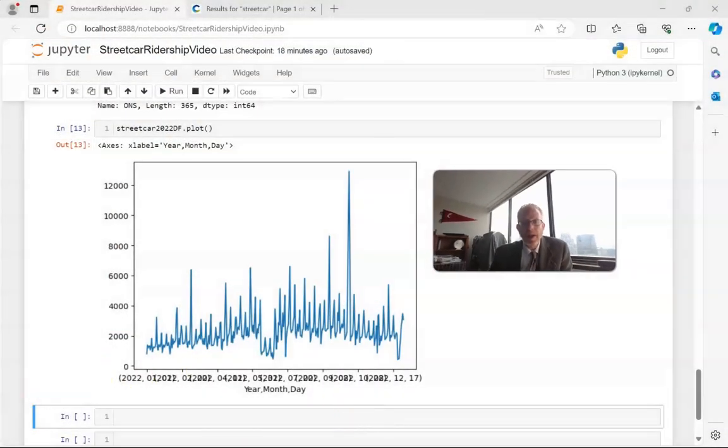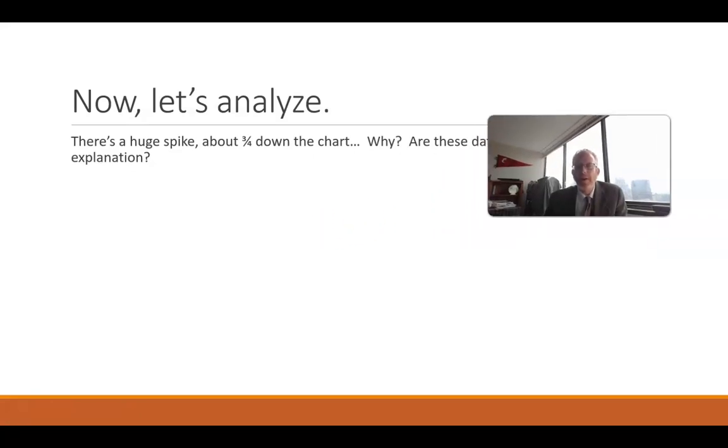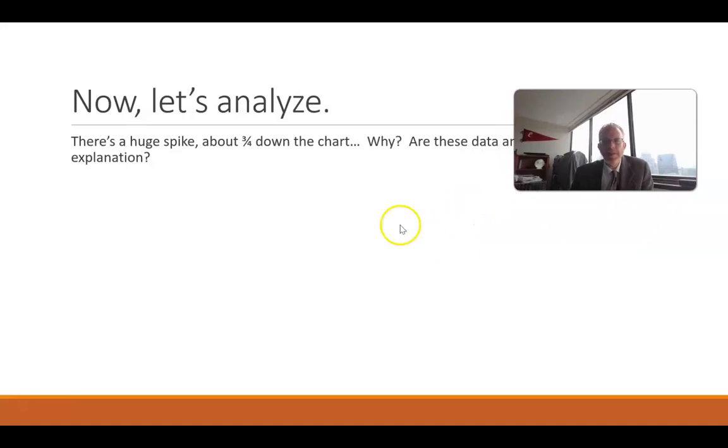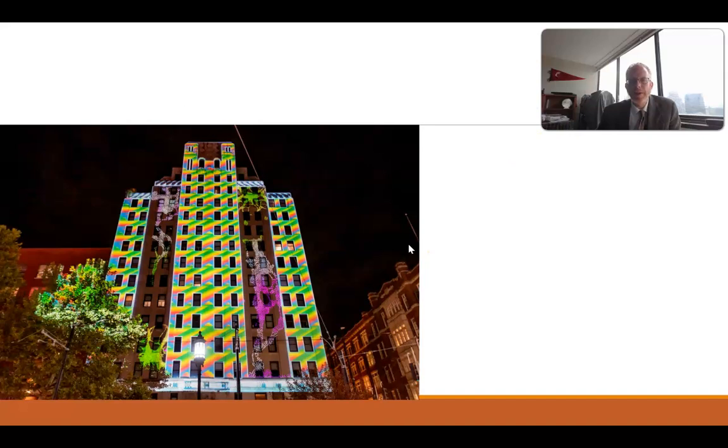One important thing is to figure out why we had such a spike then. We can see that point's about three quarters down the chart, and we're going January to December. So we're looking at sometime about fall. Is there something that might explain why we had such a jump in ridership in the fall? Well, it was the fall of 2022, and guess what happened then?